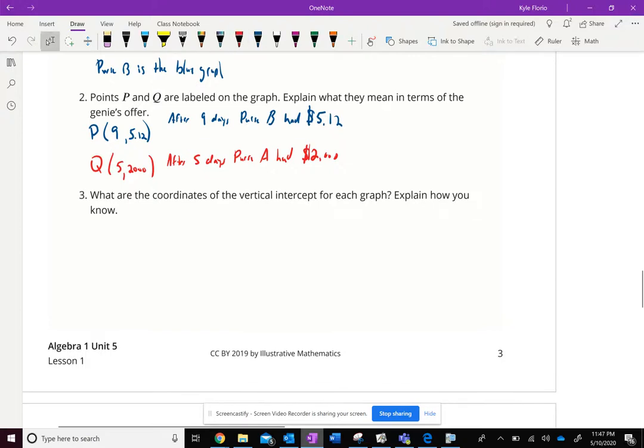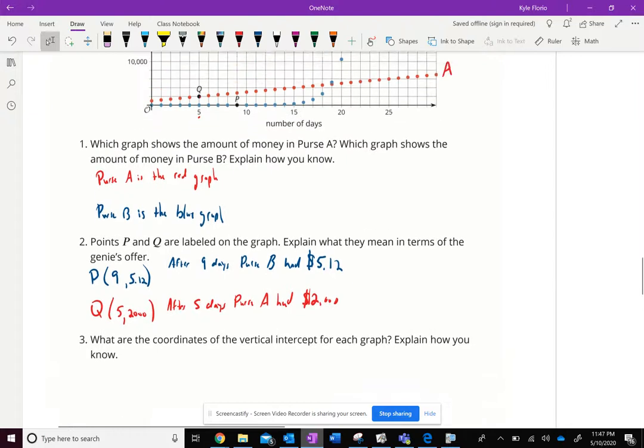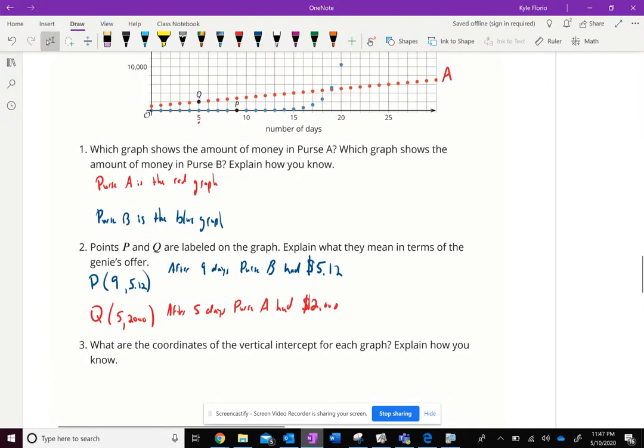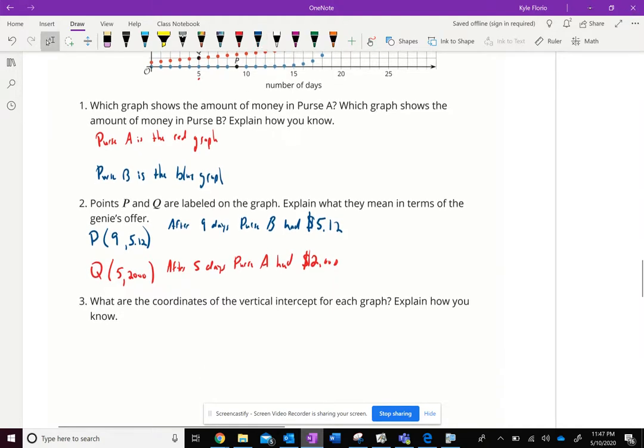What are the coordinates of the vertical intercepts for each graph? Explain how you know. The vertical intercept is where it crosses the y axis. So if I look at the blue one here, that point was on day 0. The height on that day, how much money you had on the 0th day, we had 1 cent.